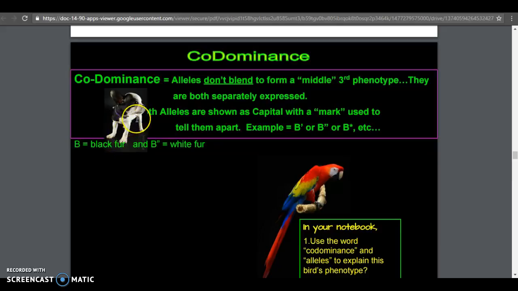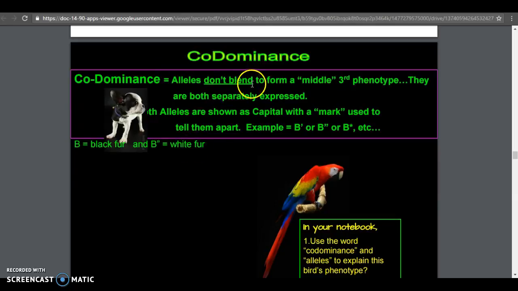It's not a blending of 2 dominant alleles. So it's not a black dominant allele crossed with a dominant white allele to make a gray dog. You just get these solid patches of black representing the dominant black fur, and then you get solid patches representing, in this case, the dominant B with a quotation mark symbol, or white fur.